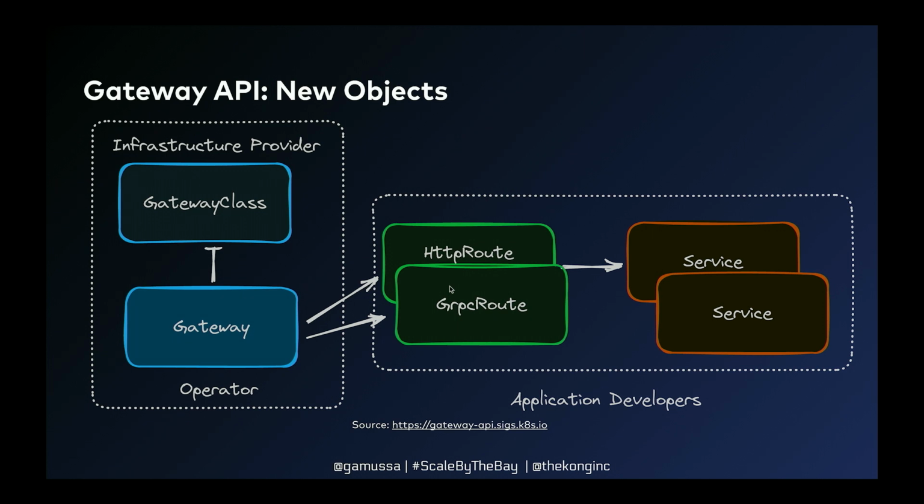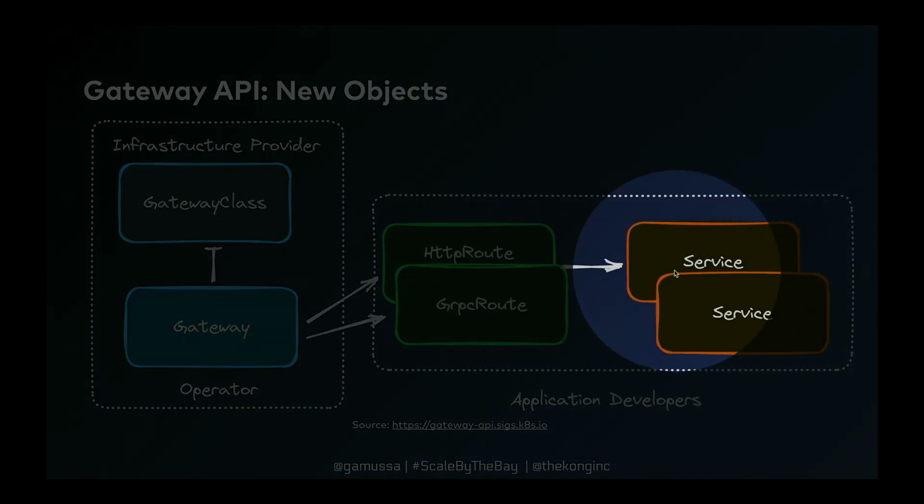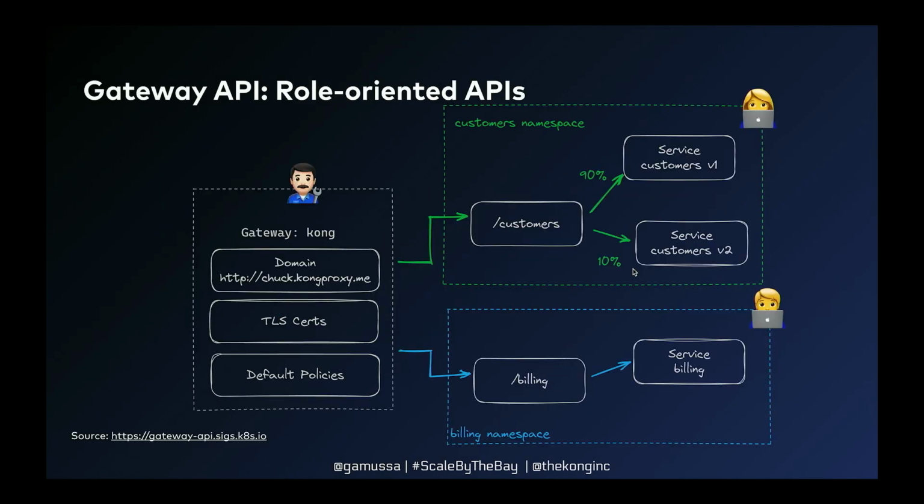So we have gateways, we have a gateway class, now we have a different type of specifically designed API for specific type of workloads because HTTP routes can be different from gRPC routes. Also TCP and UDP routes, semantically they will be different. And after that, you connect those routes to your services.